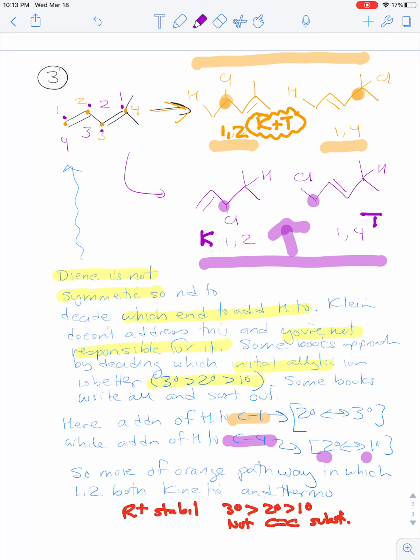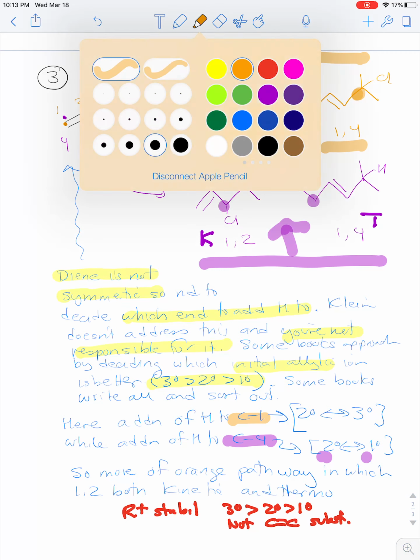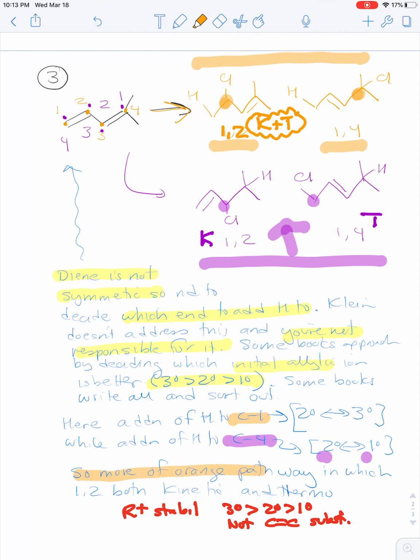So what's going to happen here is you're definitely going to get more of the orange pathway. And in that orange pathway, the 1,2 product is both the kinetic and the thermodynamic product. So that would be your major product. The reality is you might see all 4 products to some extent.